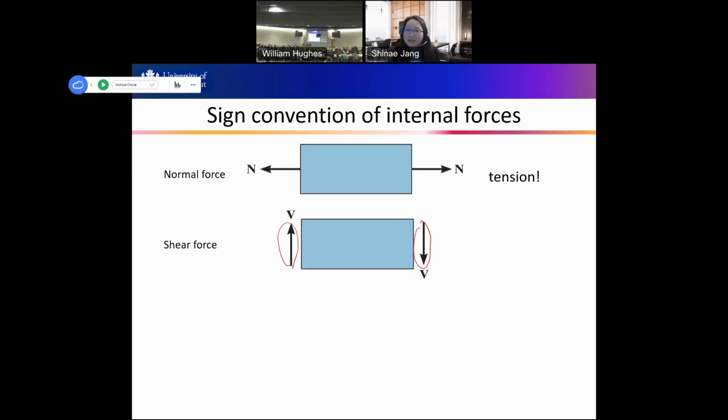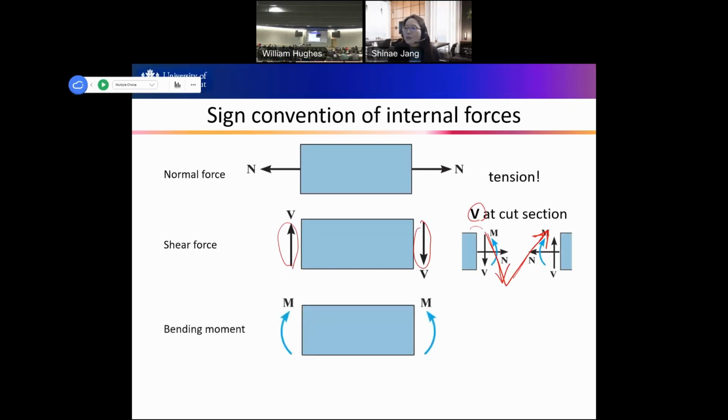That is positive. It's kind of tricky, but when we think about the cut section here and plot V at the cut section like this, that is the positive direction: downward on the right side and upward on the left side, right? So that is positive shear force.